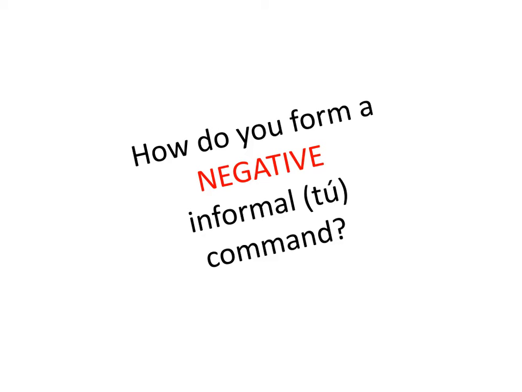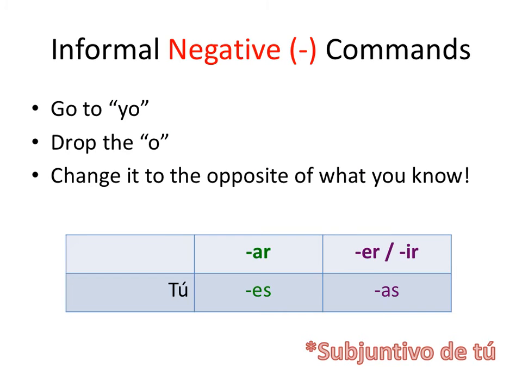Okay, so, para resumir, todos los mandatos informales negativos, ¿cómo se conjugan? Exactamente igual al subjuntivo, ¿no? Go to the O, drop the O, change it to the opposite of what you know. So we're not learning a new conjugation. This is not a new grammar form. It conjugates just like the subjunctive.